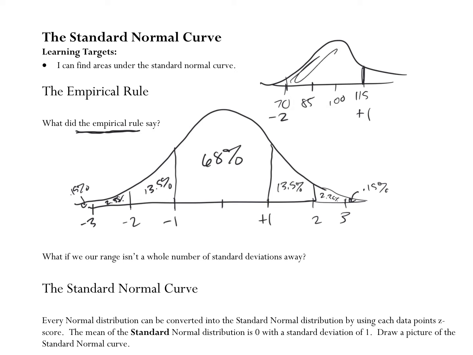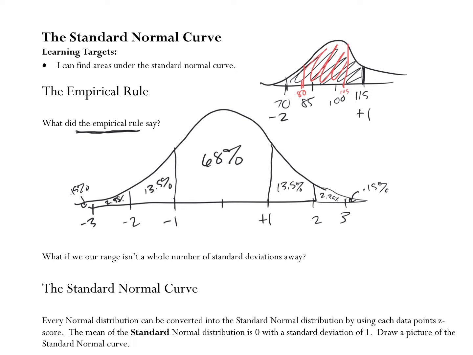So if I said what's in between these two ranges, we could find that pretty easily by adding up all those percentages, right? But now, what if instead I said, what percent is between 80 and 105? All of a sudden, that becomes a much more challenging percentage to find. Does that make sense?